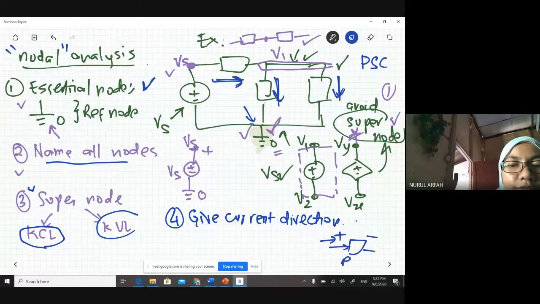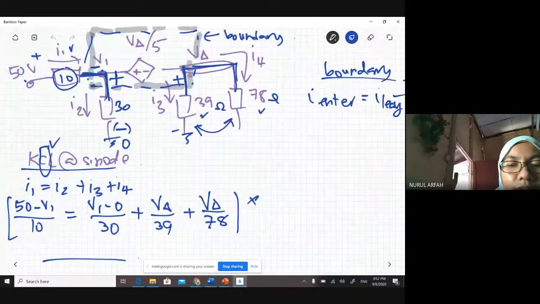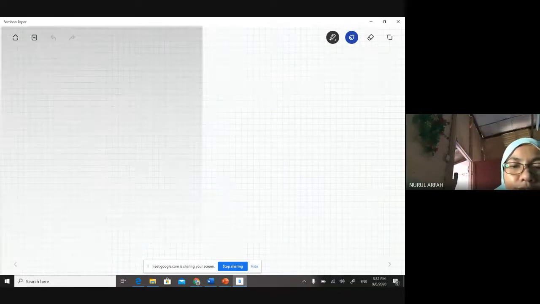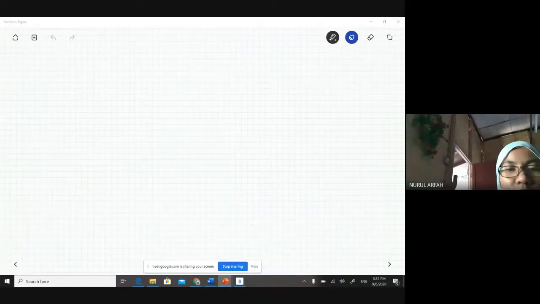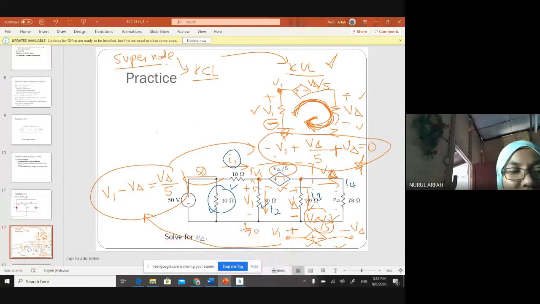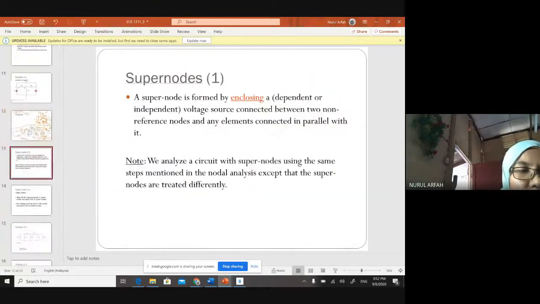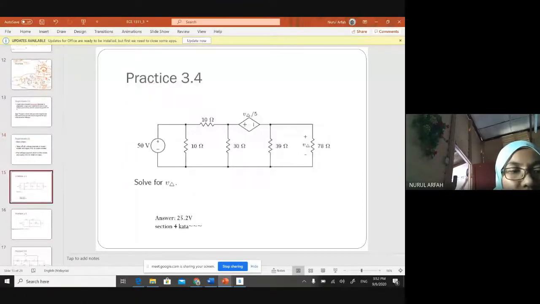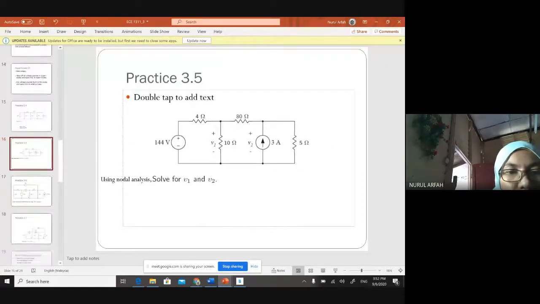But for an active element, you should have entering negative and leaving positive. Okay, done with supernode and nodal analysis. So far do you have any question?